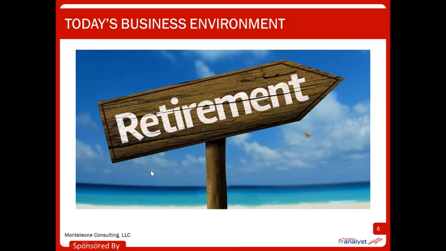Now, I put up this slide here, and it's all about retirement. We have a number of our friends that we have worked with for a long, long time, and they are now approaching retirement, and we're waving goodbye to them as they go out the door. But at the same time, we're waving goodbye to a lot of business know-how. These individuals know about business rules of how our process decisions are made.